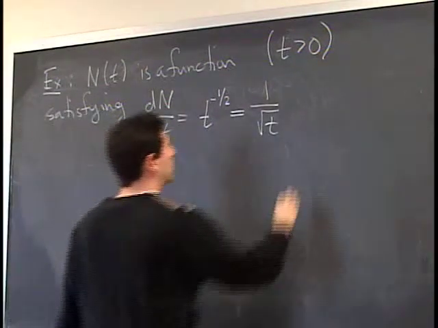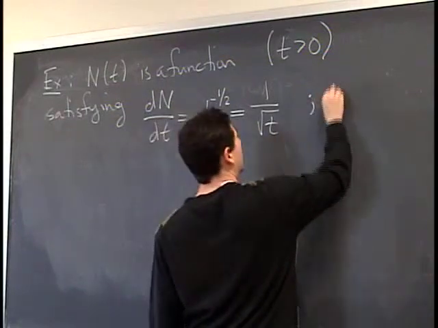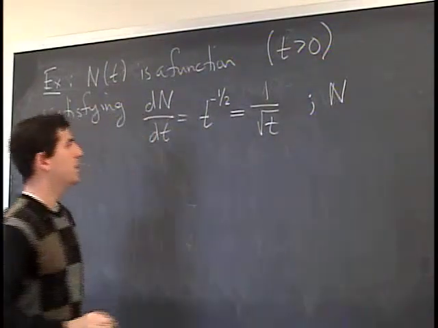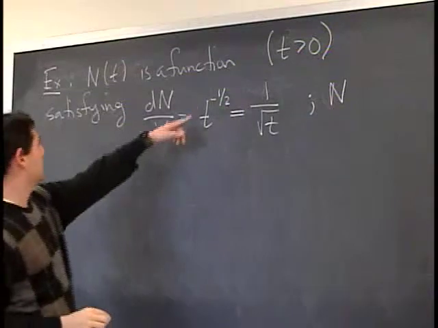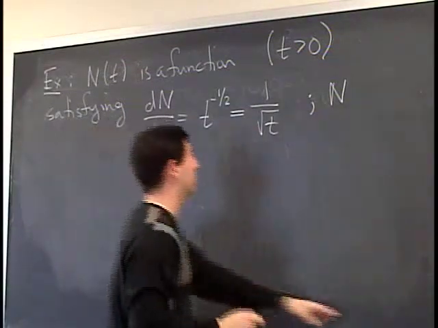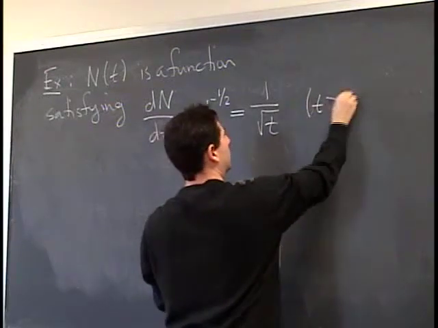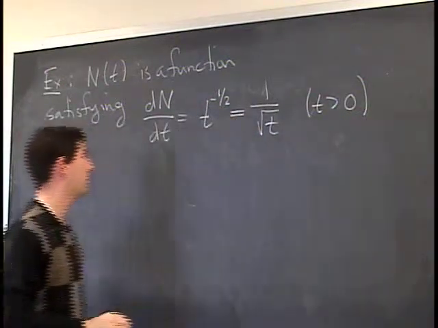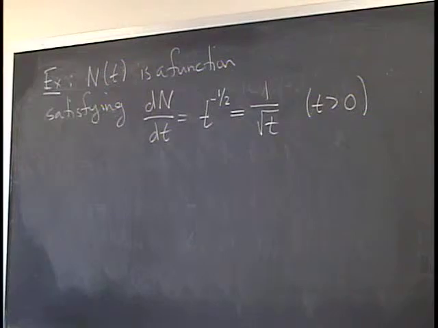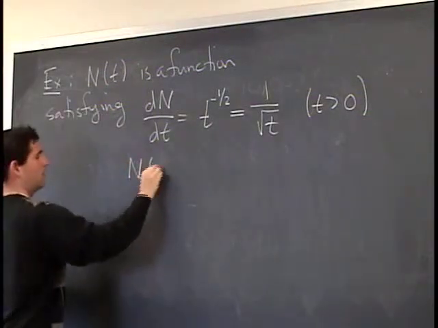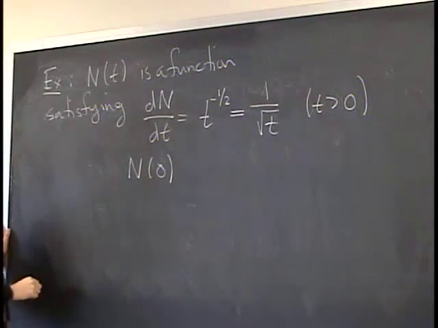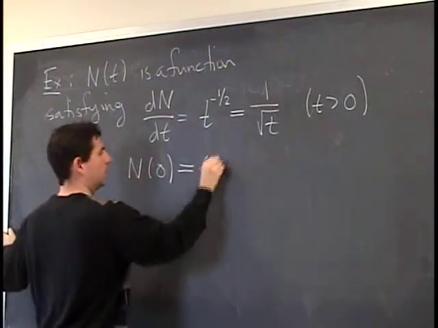And I should put this t greater than 0 next to the differential equation. Let me say also, at 0, where we're not supposed to know anything, it's 60.